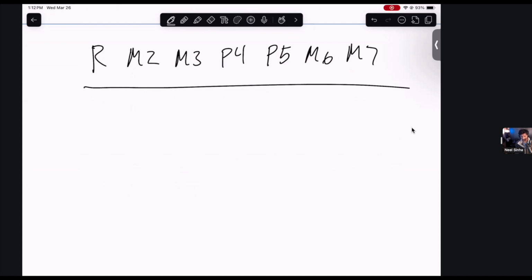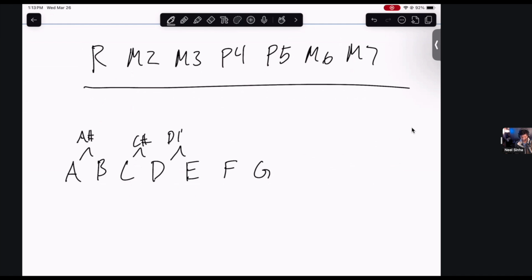So let's say I'm doing the A major scale, for example. So then I write the musical alphabet starting from A. So I'll go A, B, C, D, E, F, G. And then obviously all the sharps, A sharp, C sharp, D sharp, F sharp, and G sharp.